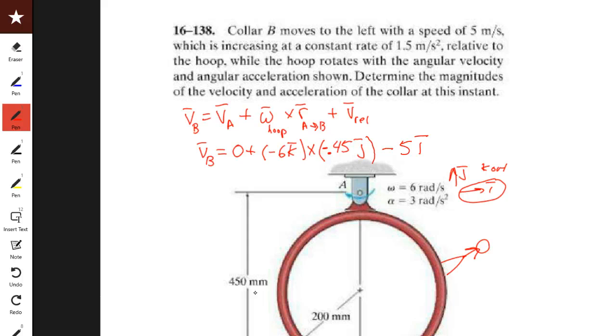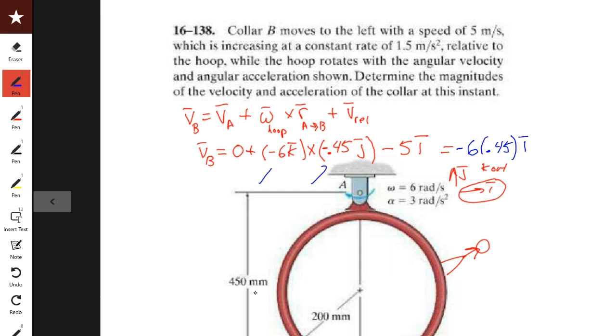Okay. So let's punch this out. So the velocity of B is equal to, I'm going to want to do the cross products, I'm going to bring the negatives out with the number. So this is going to be 6 times 0.45, whatever that is, positive, and then K cross J is going to give me a -I.